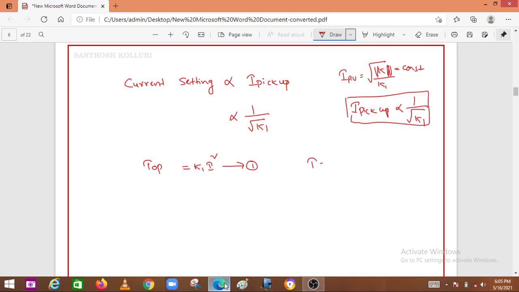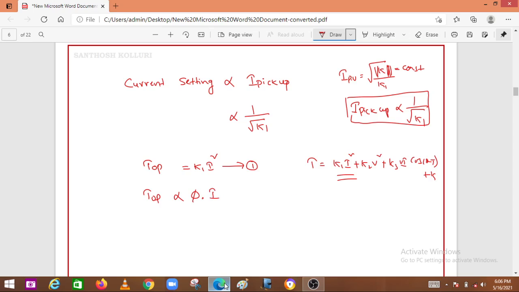This is from the universal torque equation: T is equal to K1 into I square plus K2 into V square plus K3 into V into I into cos theta minus tau plus K. So from the universal torque equation, I have taken the operating torque as K1 into I square. This is equation number 1. So that means the operating torque is directly proportional to flux into I.